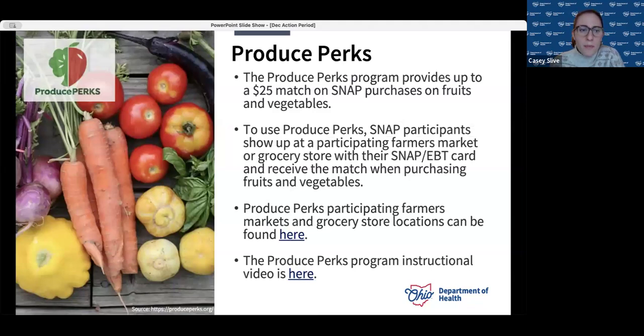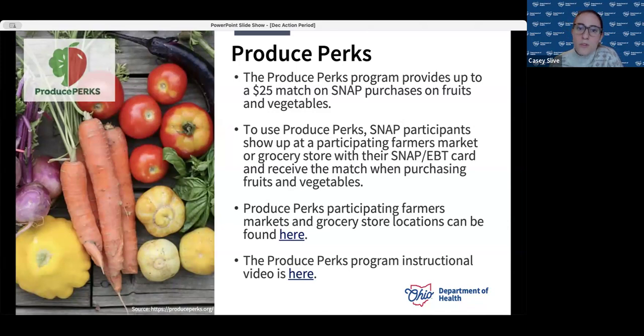So, the Produce Perks program is a wonderful program. It's been called Double Up Bucks in other parts of the country, or was previously called that in Ohio. The concept is essentially stretching SNAP users' purchases on produce items.